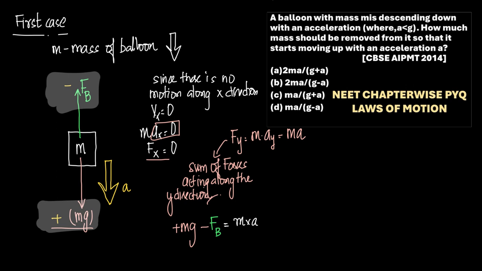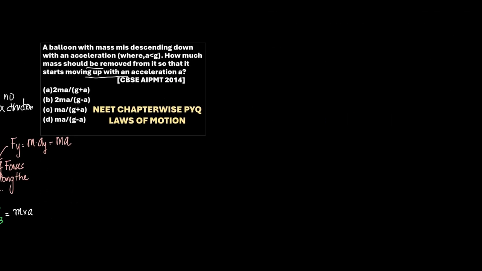What is the second part? Mass is removed and it starts moving upward with an acceleration. So let us discuss that part. There was a balloon with mass m.